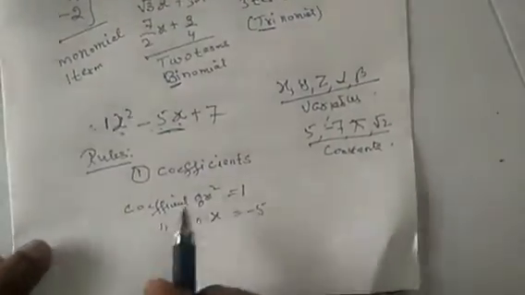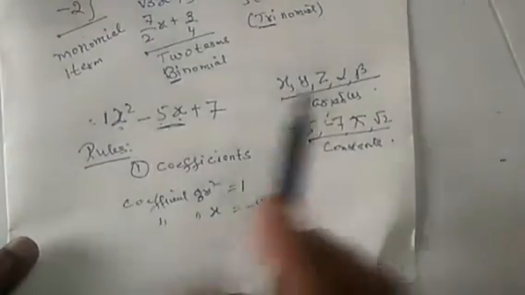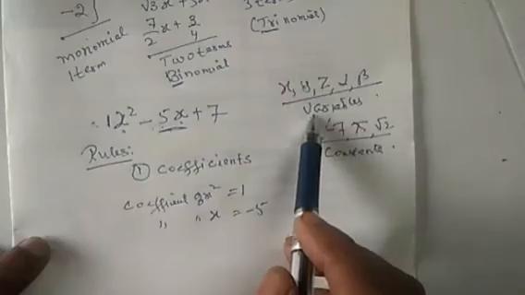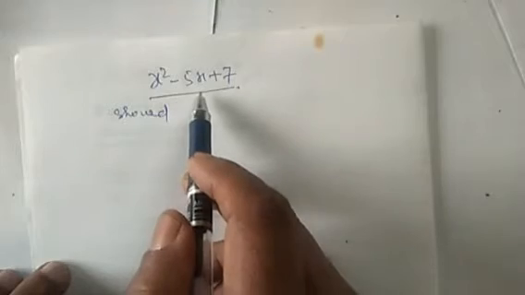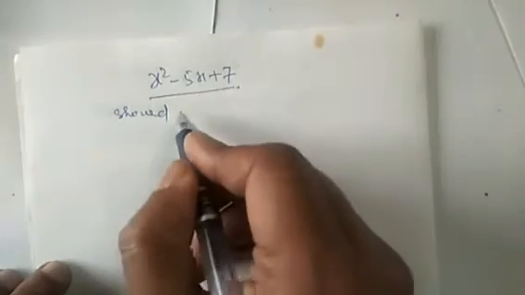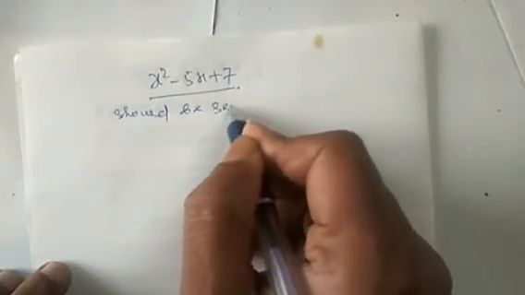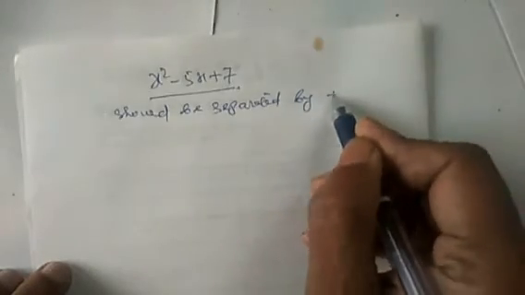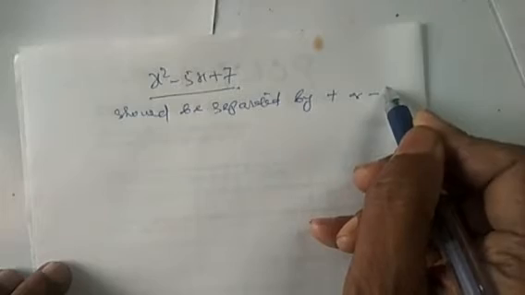What I told you first, a polynomial should have variables, it should have coefficients, and number two, the terms should be separated by plus or minus sign.